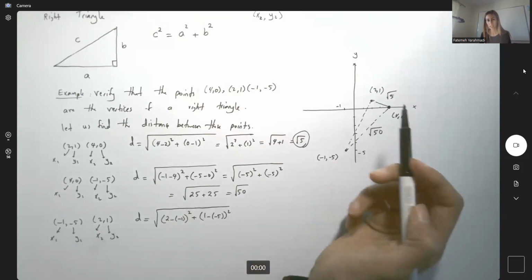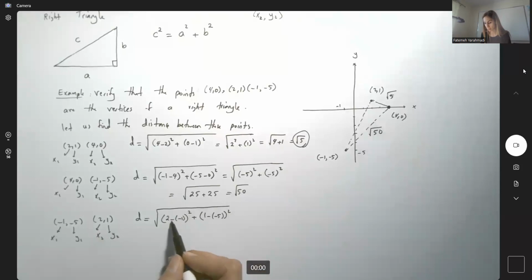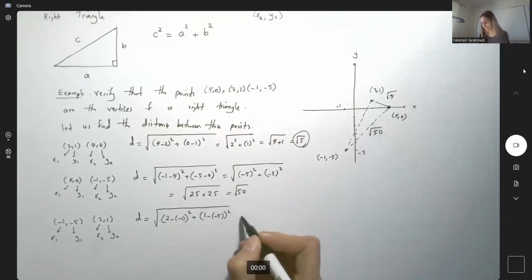Guys, note that in the distance formula, we have the difference between x values. Then we have to apply algebra here.